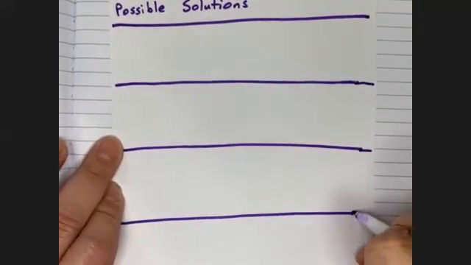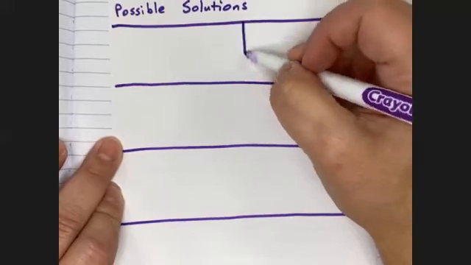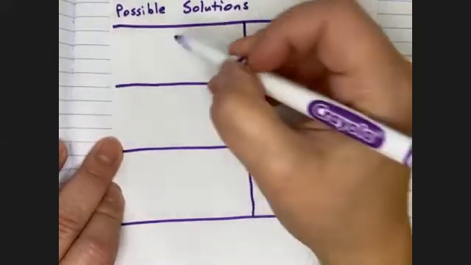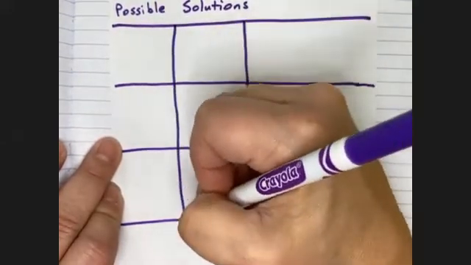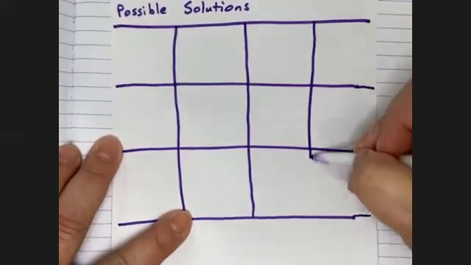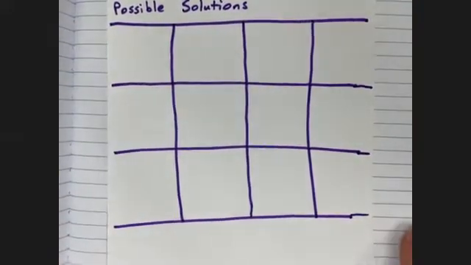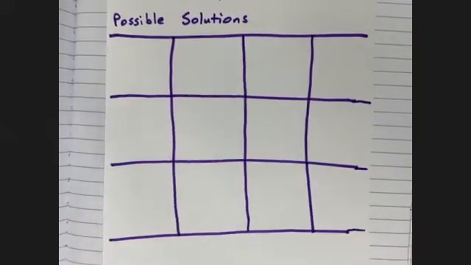So I'm going to start by cutting it exactly in half, and then cutting each of these in half. All right. So I have my table, and we're talking about the number of solutions, or the possible solutions.